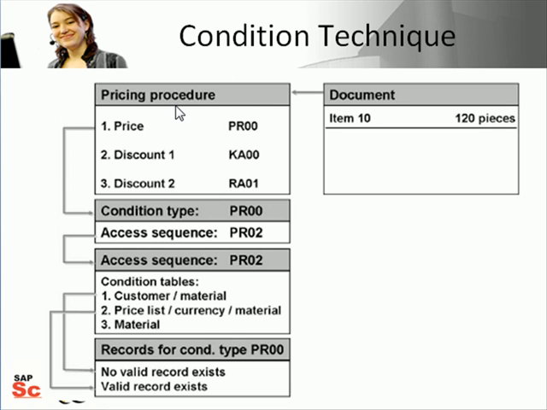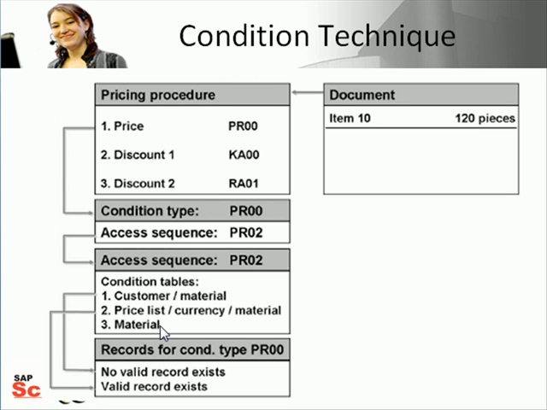This pricing procedure has different condition types, and we saw the PR00 condition type and how the system determines that. These condition types in turn have access sequences. So the condition type PR00 has an access sequence called PR02, and this access sequence has different accesses.